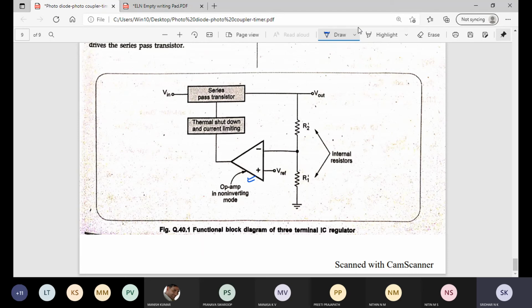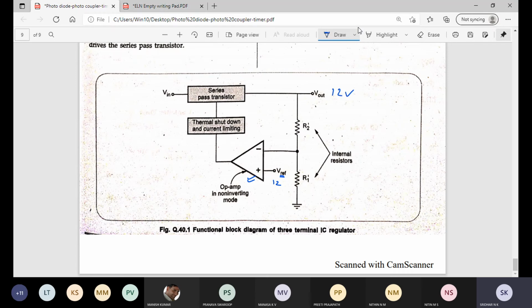This operational amplifier has two inputs, one is the inverting terminal and the other is the non-inverting terminal. The plus symbol refers to the non-inverting terminal and the negative symbol refers to the inverting terminal. So you will get one feedback input to the inverting terminal, and the non-inverting terminal is the reference voltage. Say for example, if you want a reference voltage of 12 volts, you keep the reference voltage at 12 volts, and the output also will be fixed at 12 volts.